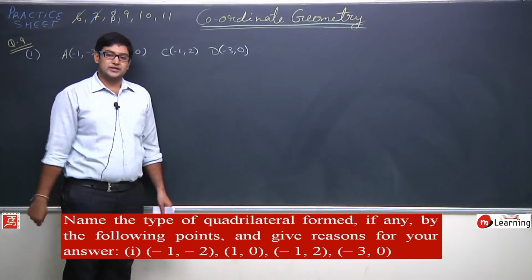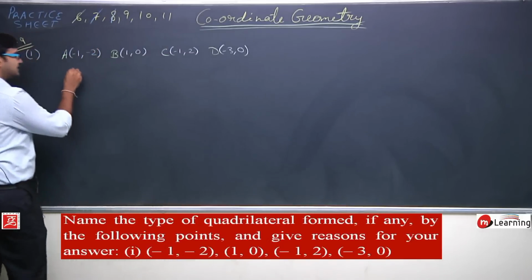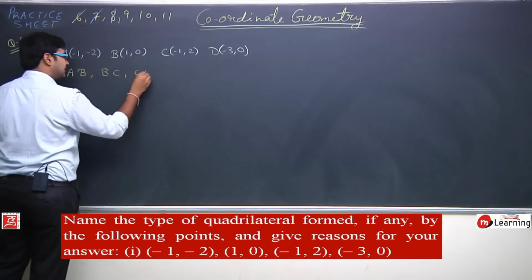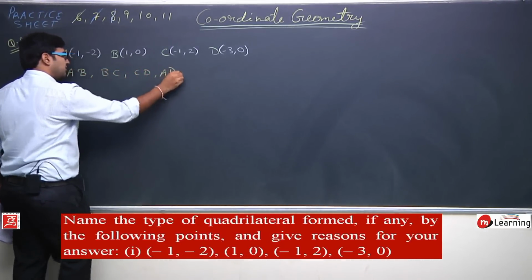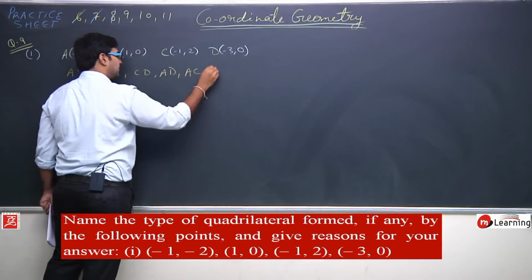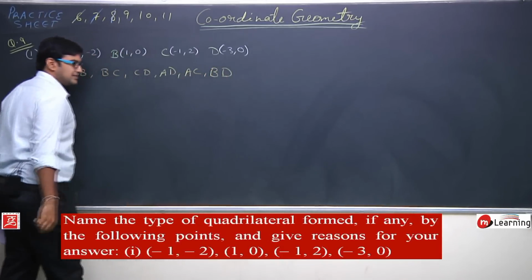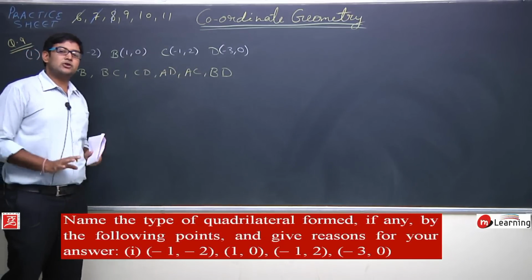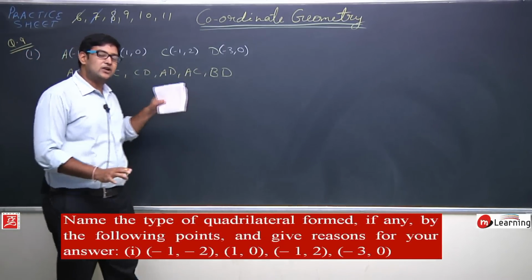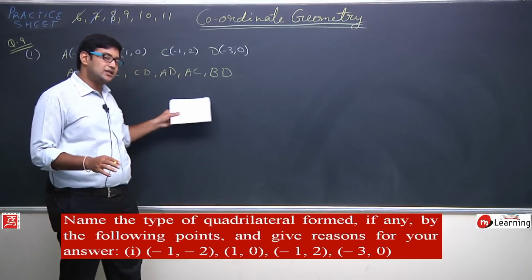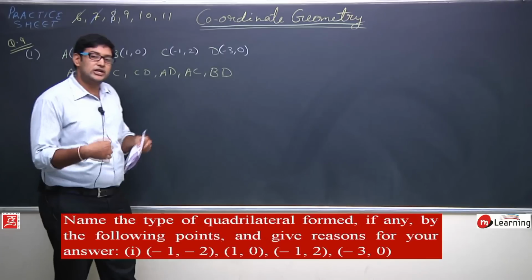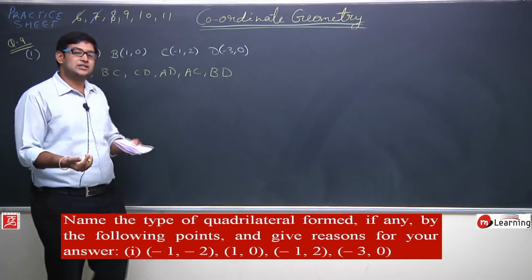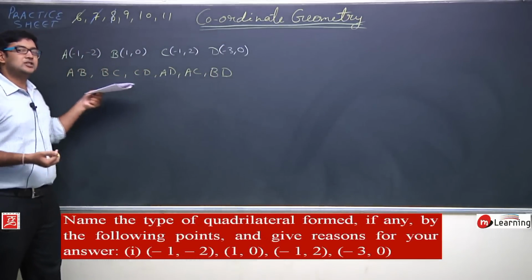We have 4 points, so we are going to have 6 distances, that is AB, BC, CD, AD, AC and BD. These are the 6 distances we can have from these 4 points. We will calculate all these distances and based on their values we will deduce the result. We will analyze the distances between these points.